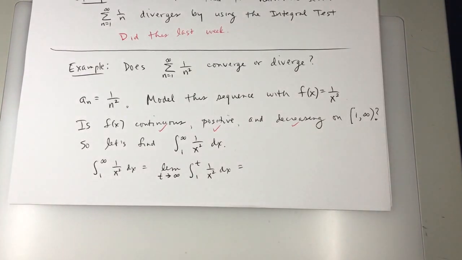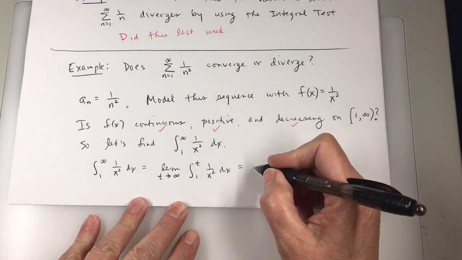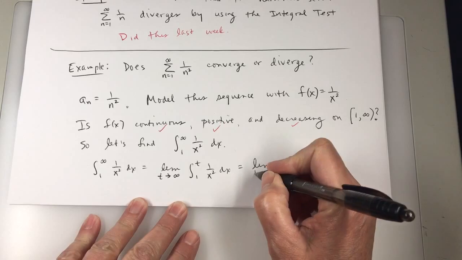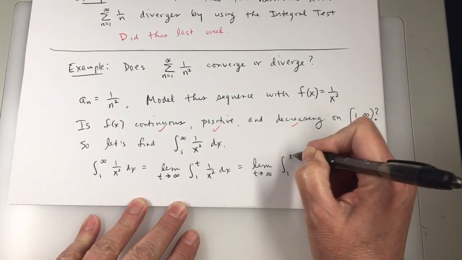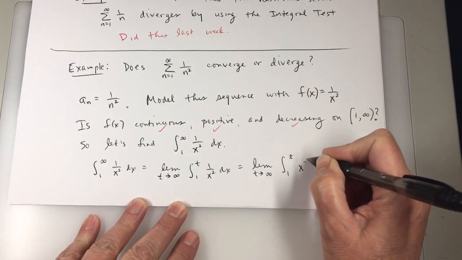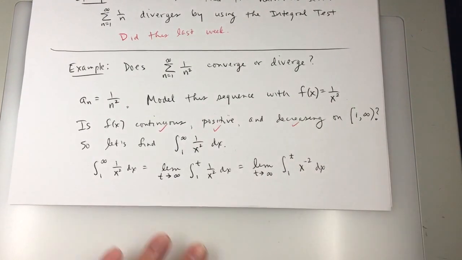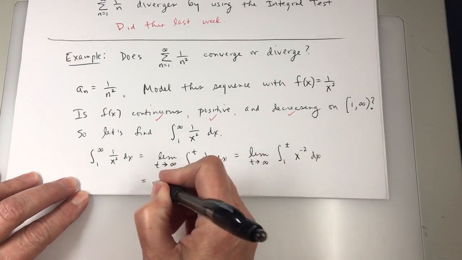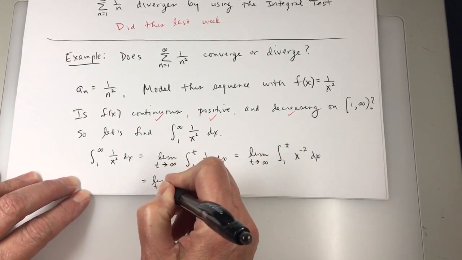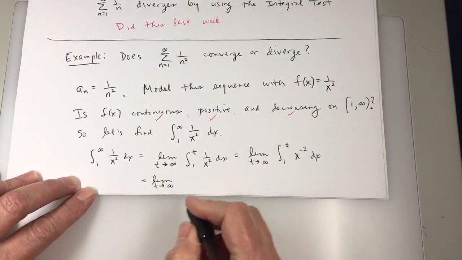Now that 1 over x squared, I have to at least think this in my head if I don't write it, but I prefer to write this. 1 over x squared, that's x to the minus 2. Because then I can say antiderivative, add 1 to the negative 2, and I will get negative 1 for the exponent.